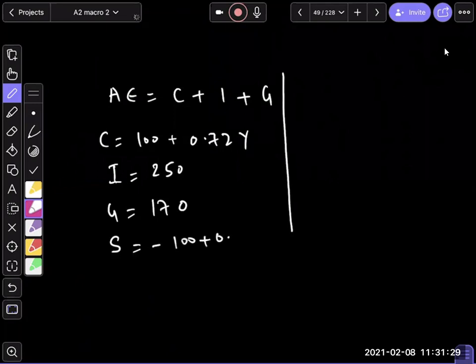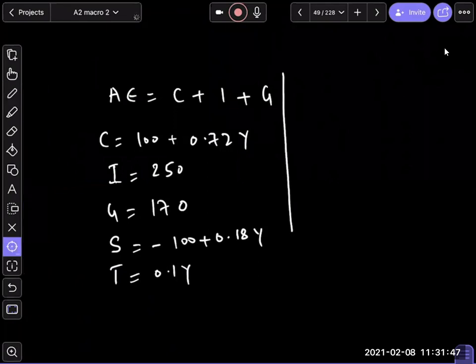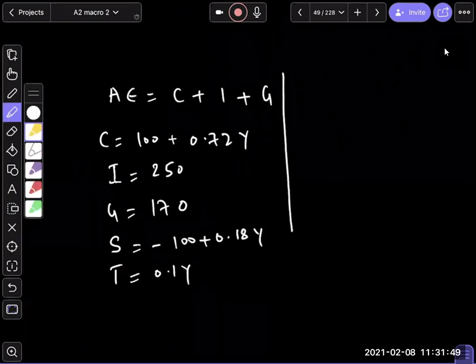You used to write 0.2, now I'm going to write 0.18, because MPS is 0.18, right? And T is 0.1y. So these are my new after-tax numbers because I changed my MPC, I changed my MPS, and I also brought in this.